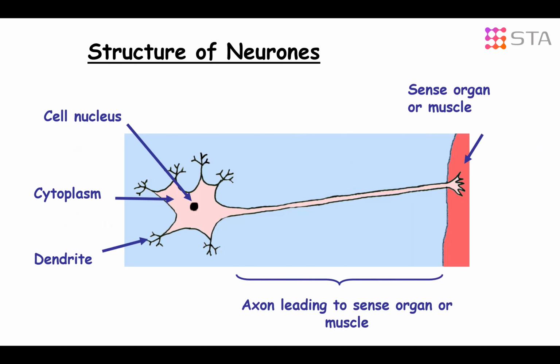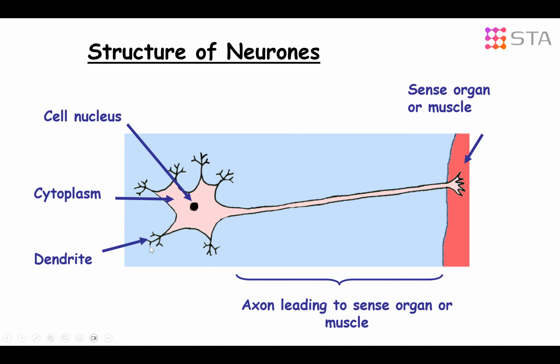But it's the long part of the neuron. And normally it's attached to a receptor in a sense organ or to a muscle or effector. Now, just a reminder, a neuron is an actual cell. So yes, it might be specialized because it's got a long part of the cell.